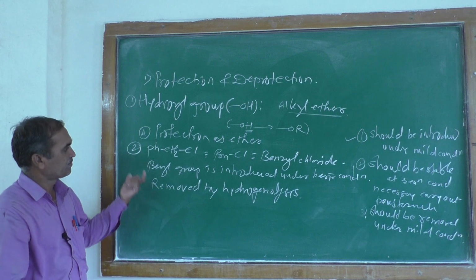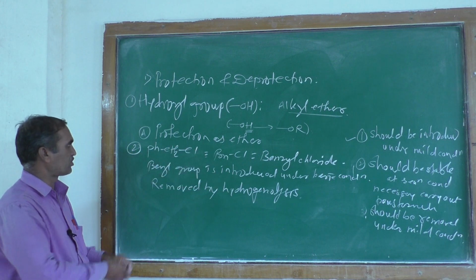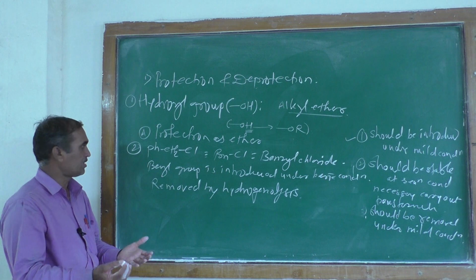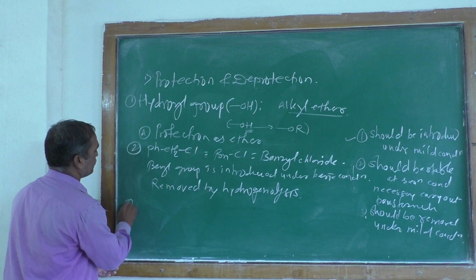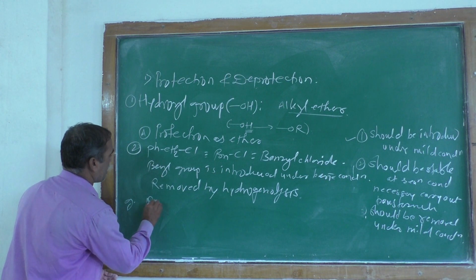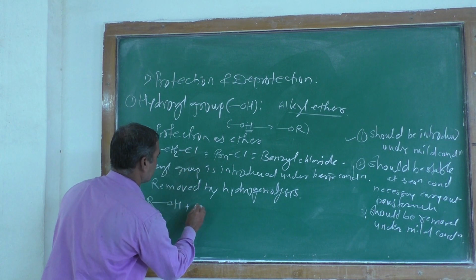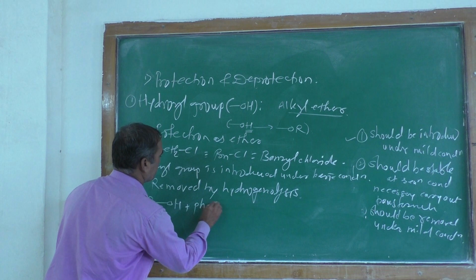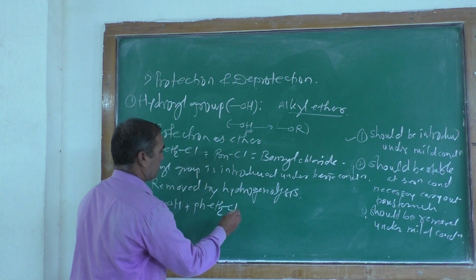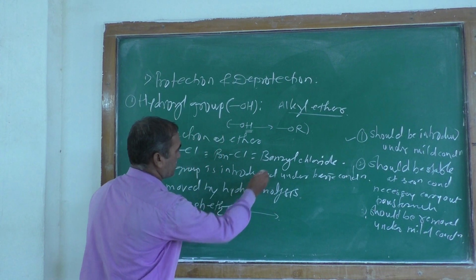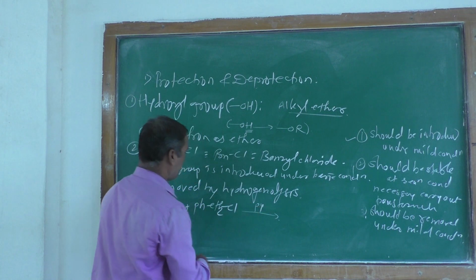Let us first see the general reaction of this protection. For example, we have a starting compound ROH, which will be treated with PhCH2Cl under basic condition. You can use pyridine here.